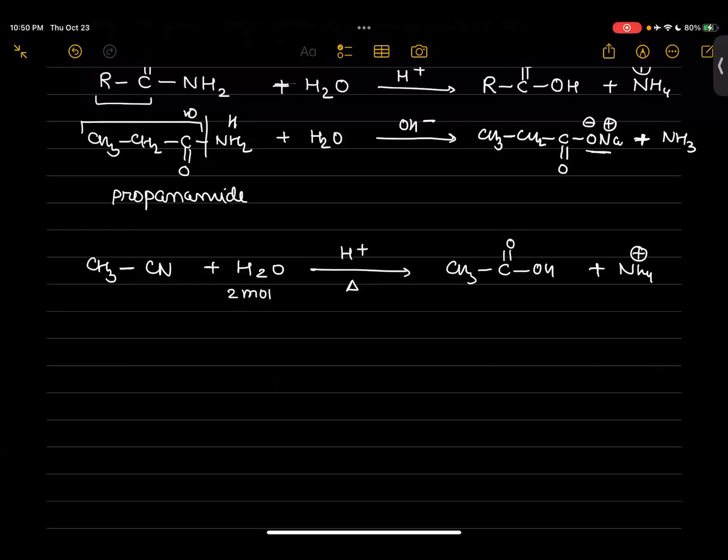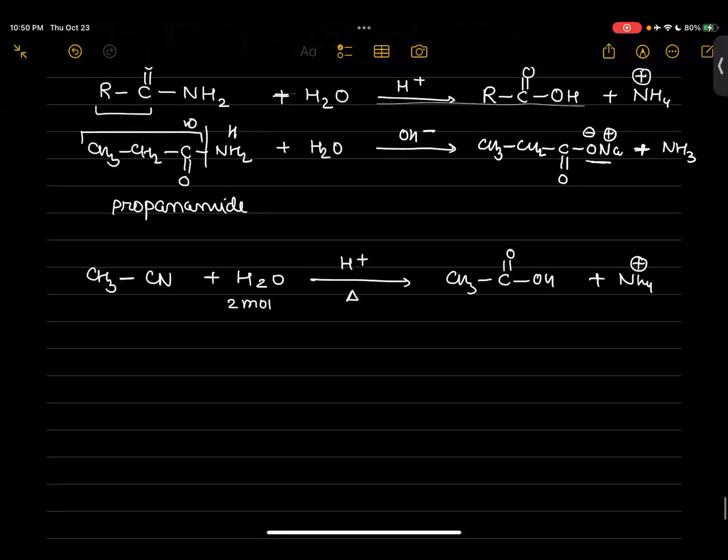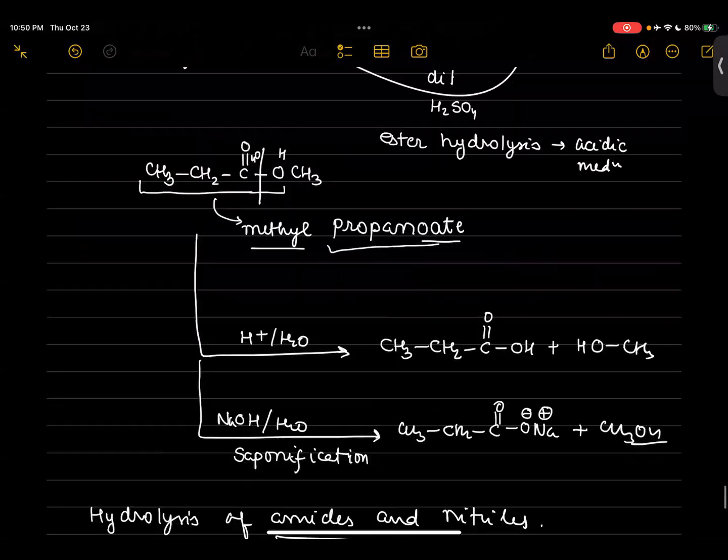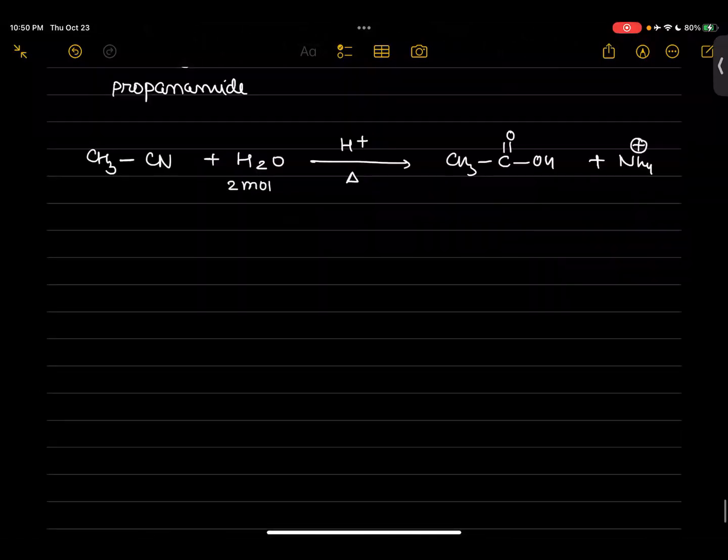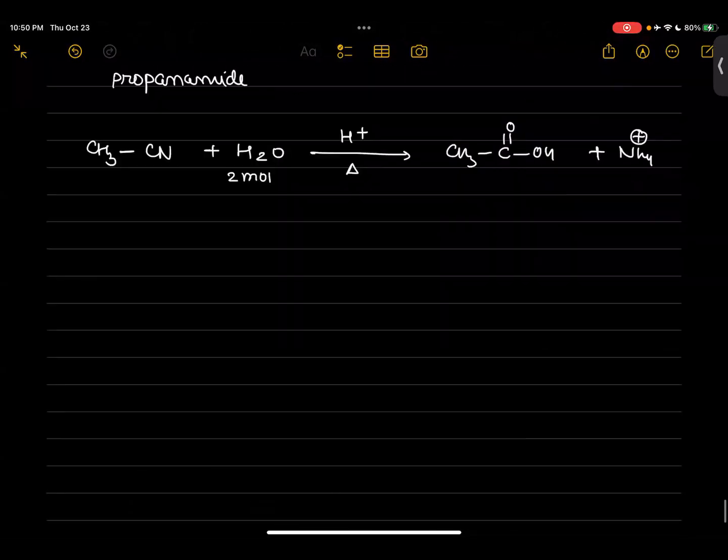But in basic medium, you will get COONa. Okay, sometimes you can write COOK also, that will also work. Got it? So this is all about the preparation of carboxylic acids.